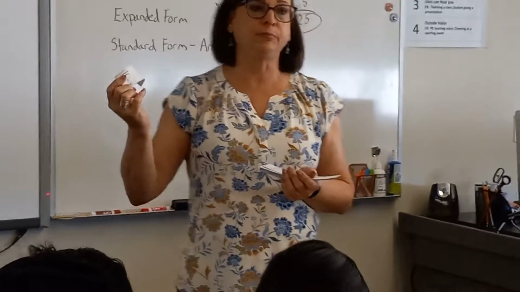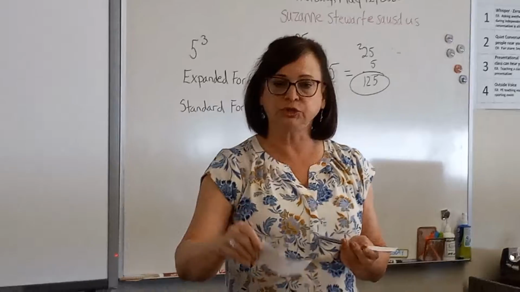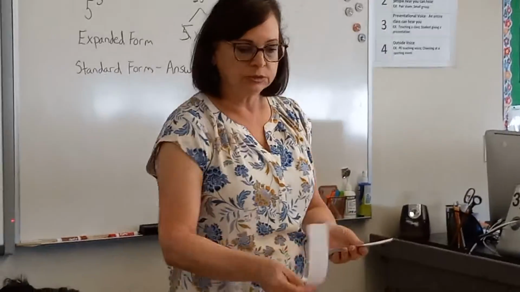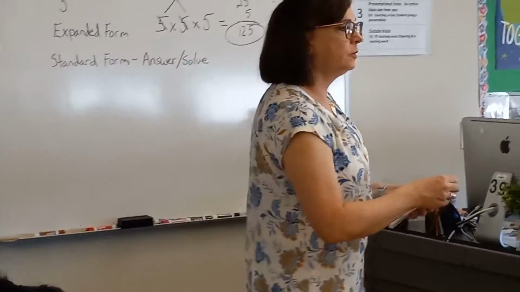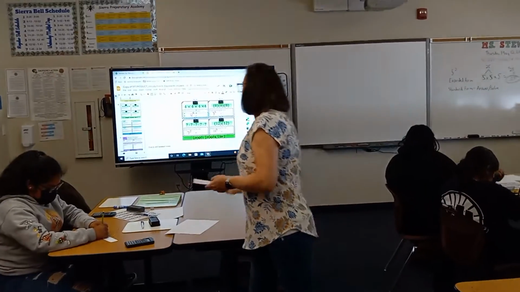So I'll write that on the board because I know these are new terms for you. So first, turn it over, write your name on the back, so I know whose work it is. You may use a calculator. And this is what you're writing on it.